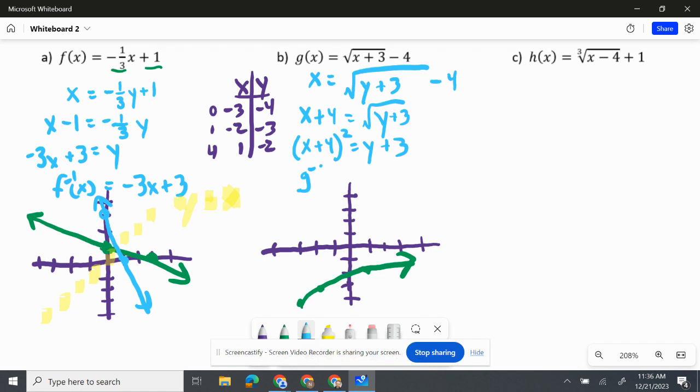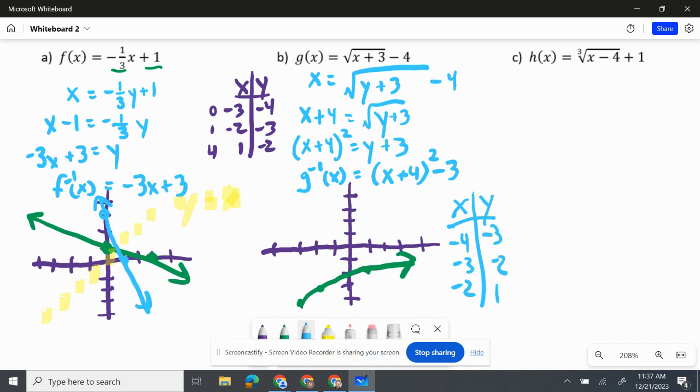So my formula, the inverse of g of x, is equal to (x plus 4) squared minus 3. Now, in order to graph my inverse, all I'm going to do is switch my x and my y values. My y values now become my x values, and my x values now become my y values.